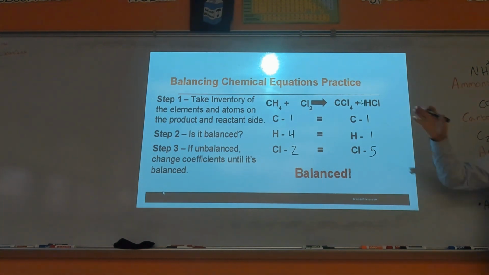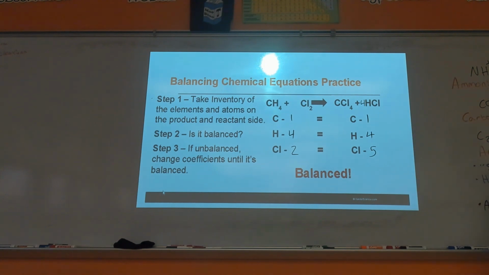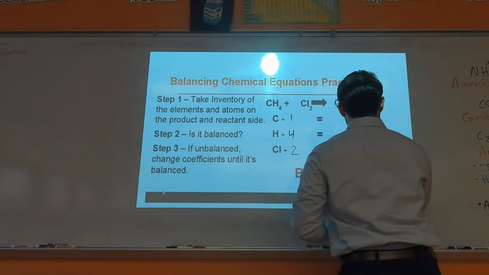What that's saying is when I'm doing this reaction, I'm going to produce 4 individual HCl's. So now you have to update your numbers in your products. Because I multiply this by 4, I now have 4 hydrogens, but that 4 also goes to the chlorine. So how many chlorines would I have now? 8, yeah, good. So then I have 8 chlorines.